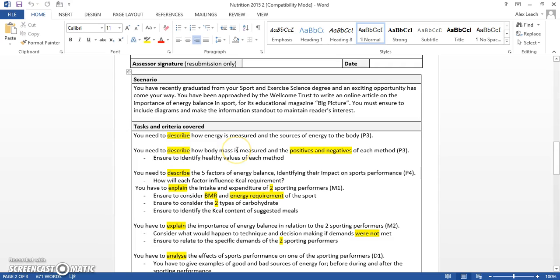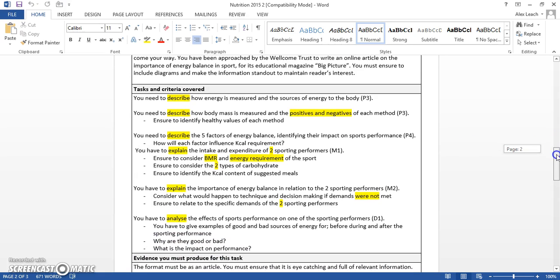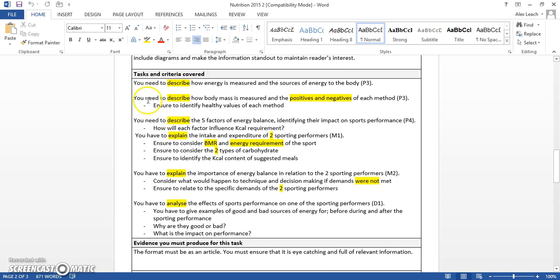So you need to describe how energy is measured and the sources of energy to the body. Okay, so to achieve that, you need to describe how body mass is measured and the positives and negatives of each method. So we went through 4 different ways of measuring body mass, and these included your skin fold analysis, your bioelectrical impedance analysis, your hydrostatic weighing or hydrodensitometry, and also body mass index or BMI.